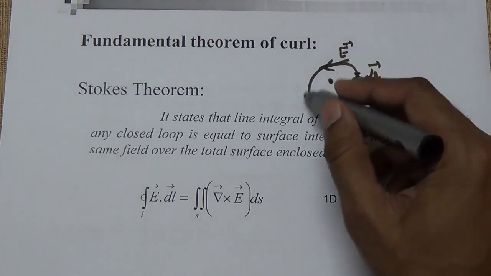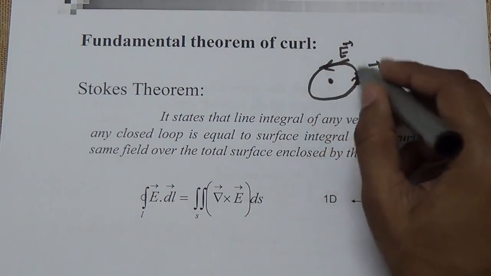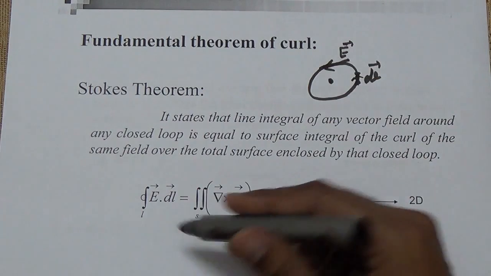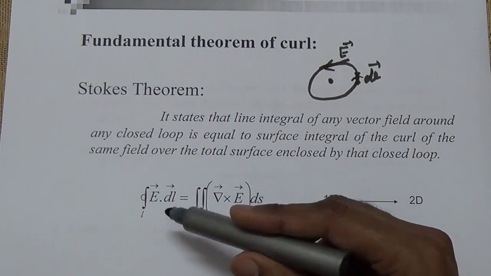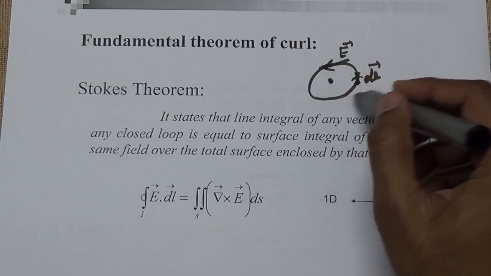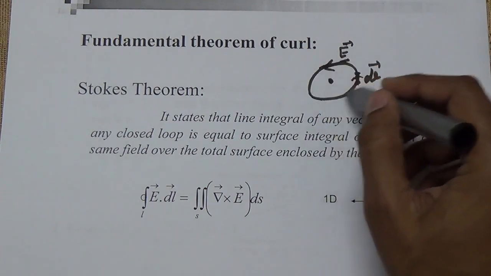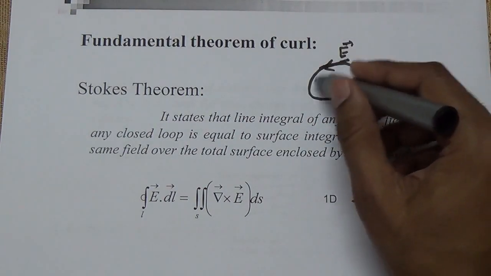E dot dl means this complete cycle, the total circumference. It indicates the potential, but here what we are showing is the closed path integral of E dot dl. This total E dot dl will be equal to the surface integral over this open surface.